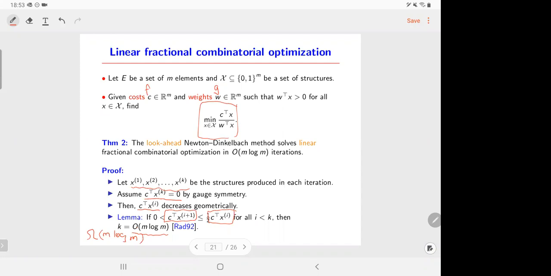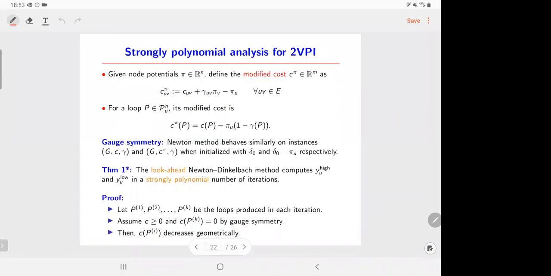Okay. So now let us apply the same idea to 2VPI. So what does gauge symmetry look like in 2VPI? In the linear fractional combinatorial world, we modify the function f by f_lambda, and this is f of x minus lambda g of x.